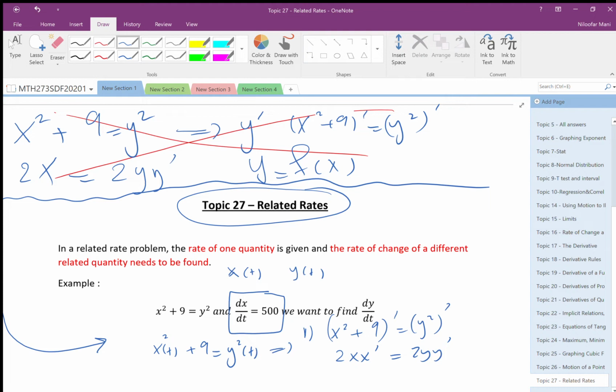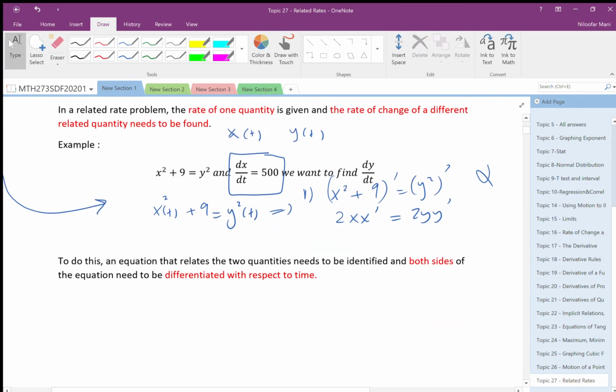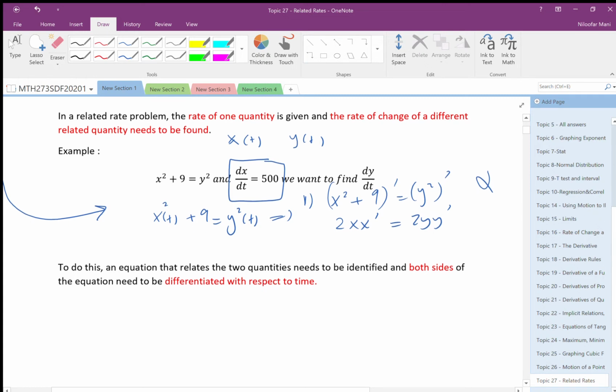So just compare what we have here and what we have here. Here I have both of them with respect to time. Okay, so I want to know that. And then it says, what is the value here? When x prime is 500, what is y prime? So then I say, okay, I have the rate of change for x and I want the rate of change for y.